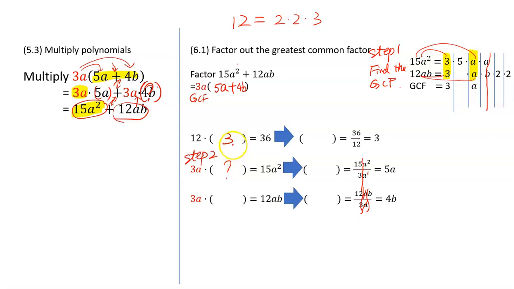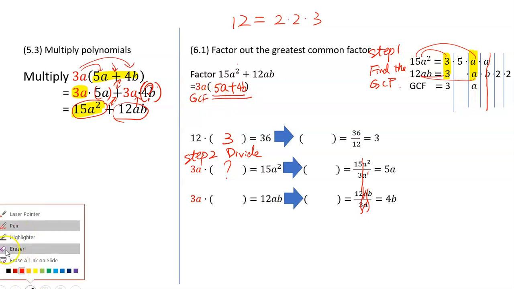So we're going to divide whatever expression is given by the GCF. So that will give us 5a, and we also keep the sign between them. And the answer consists of two factors. The first factor is the GCF. The other is whatever we get after we're doing division.